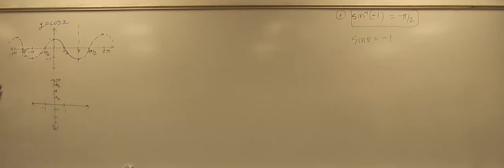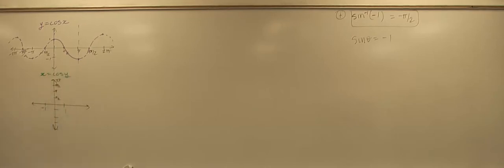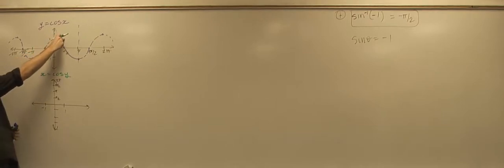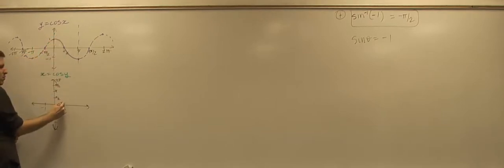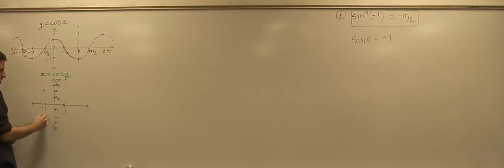The normal cosine graph, if we switch everything around and we do x equals cos y like before, if we just switch the variables, that'll just switch what happens to the x and y coordinates here. So you'll go max on the x-axis, 0, min, 0, max. So it looks like this.